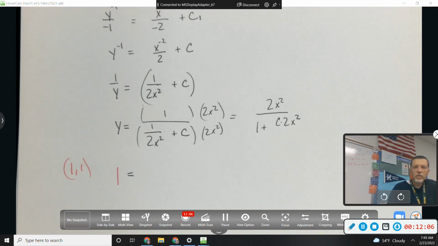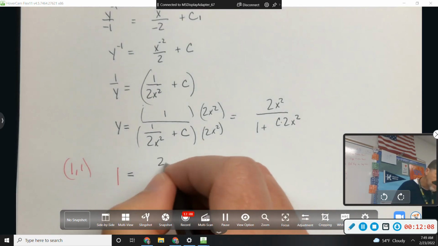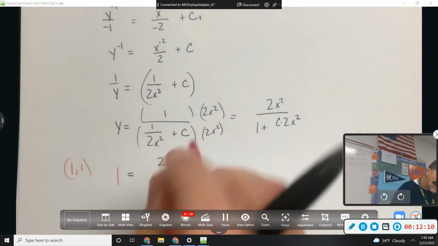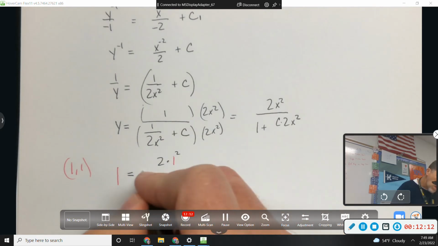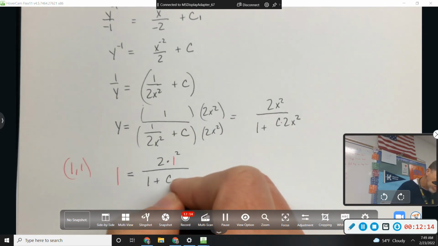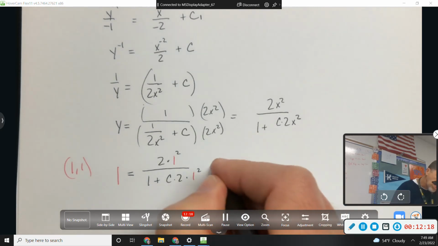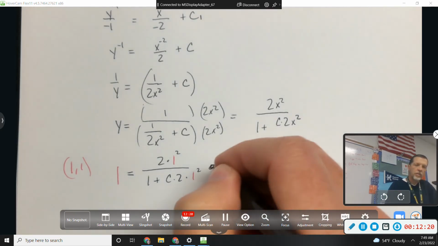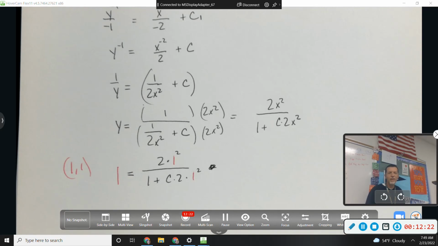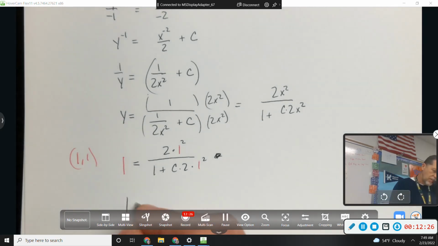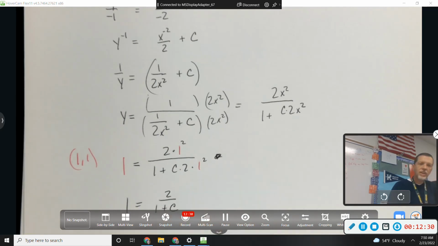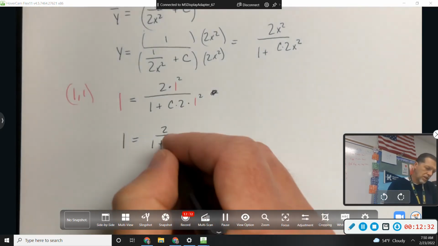Alright, let's plug in (1, 1) and figure out what c is. So now it's an algebra problem, right? Calculus is over. 1 equals 2 over 1 plus 2c, excuse me.